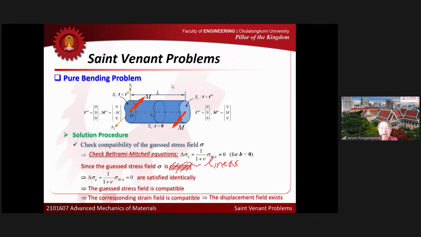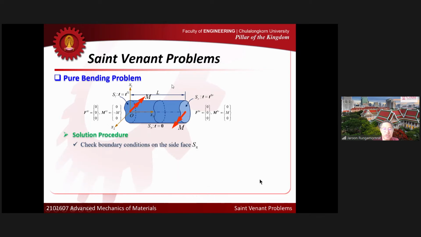Okay, so now we confirm the satisfaction of the equilibrium condition and the Beltrami-Mitchell equation. So when we confirm this, we know that all the fields inside the body can be generated, right? The rest we need to check is the boundary condition, right? I will start by checking the boundary conditions at a point on the side face.